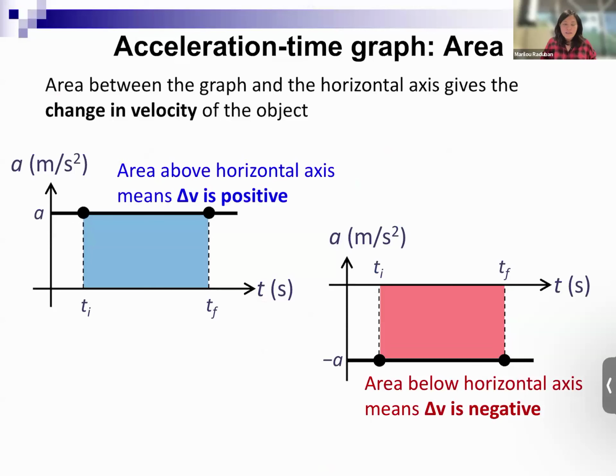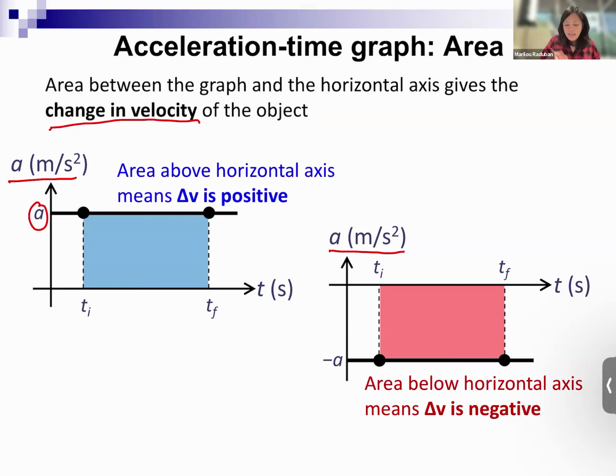Okay. Right, if the y-axis is given as acceleration, just like in these graphs here, the x-axis is always time in motion graphs. Right? If the y-axis is given as acceleration, then the area between the graph and the horizontal axis will give you the change in velocity of the object.